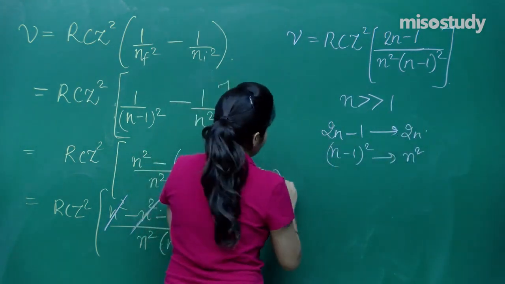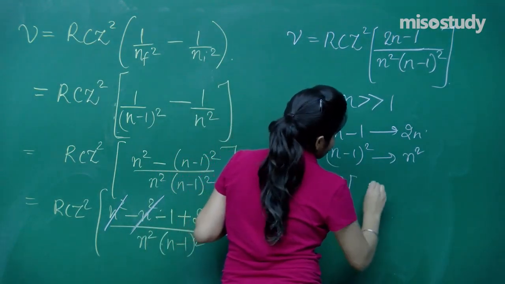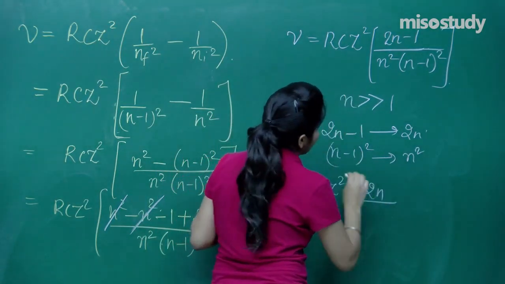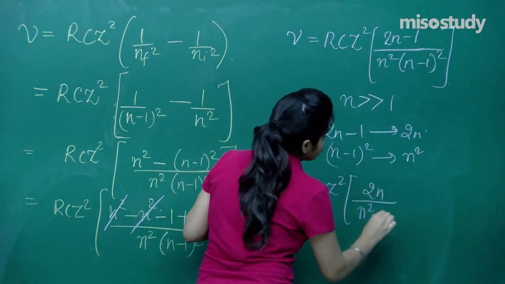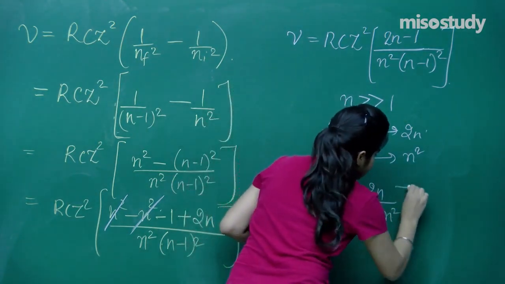So we will now be writing it as RC(Z) square into 2n divided by n square into (n minus 1) square, that means n square.